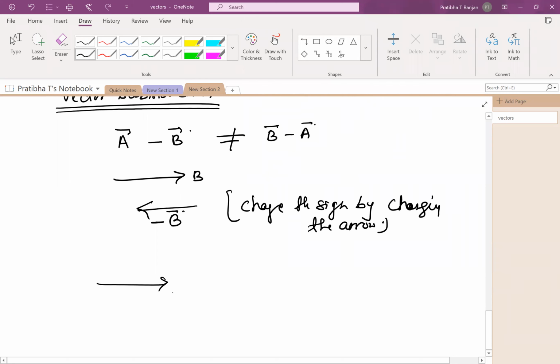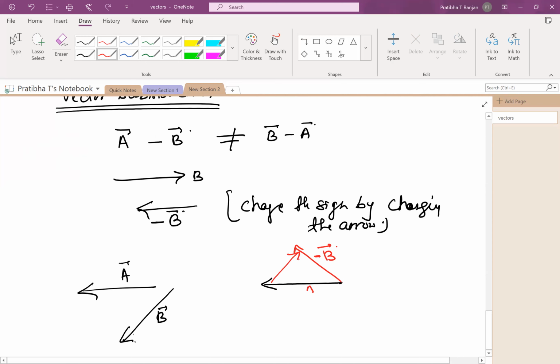Suppose we have a vector A here and vector B here like this, and we need to find the resultant. So take the vector A like this only, and flip vector B. When I flip vector B, it goes like here, but now it becomes negative B. Now it's easy to find the resultant.